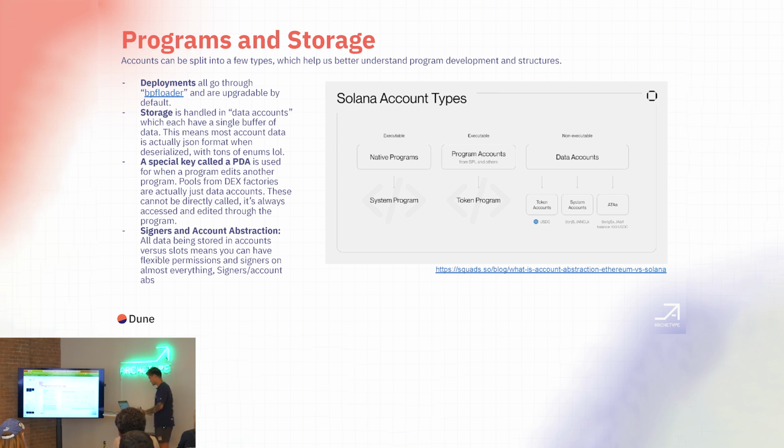So, Solana programs. You have your native programs, like your System program. You have your program accounts, which are your deployed contracts. We'll talk about that. And then you have your data accounts, which are purely there to hold data. On Ethereum, when you deploy a contract, you have storage slots. You can say that your proxy implementation address goes in whatever slot, your mapping of balances goes in another slot.